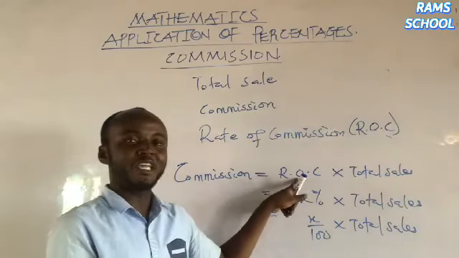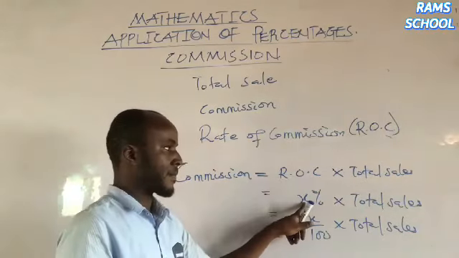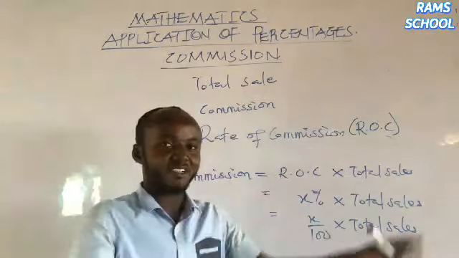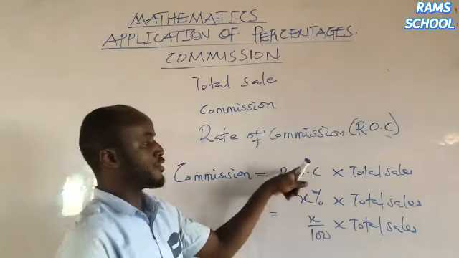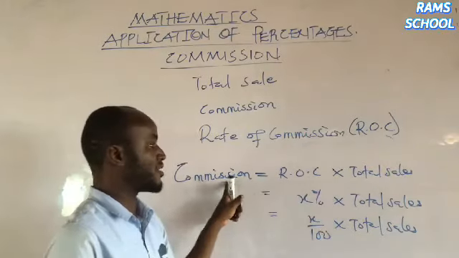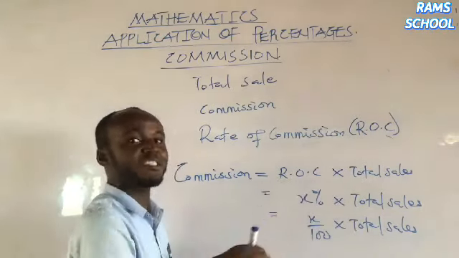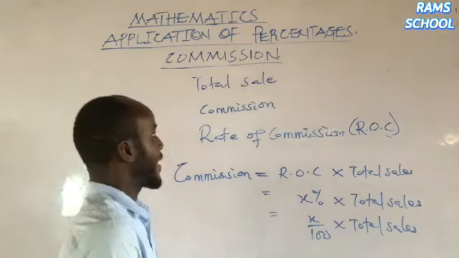The rate of commission will be given to you in the form of percentage, and the total sale refers to the amount that the person was able to sell. If you multiply the rate of commission by the total sales, you get your commission. So at the end of the month, Erica will get her salary, at the same time gets her commission. Okay.